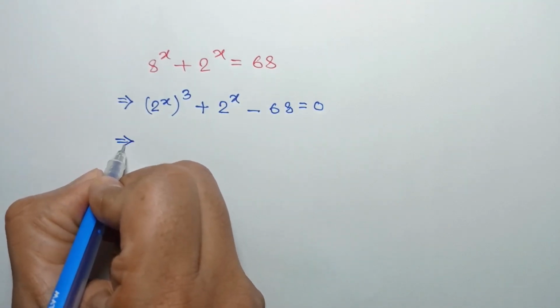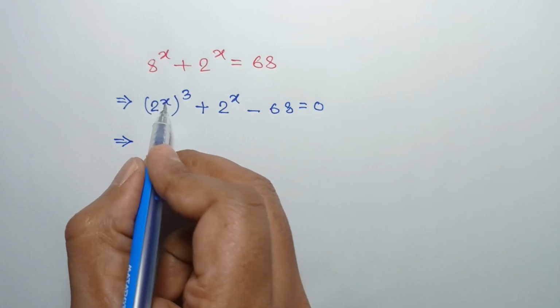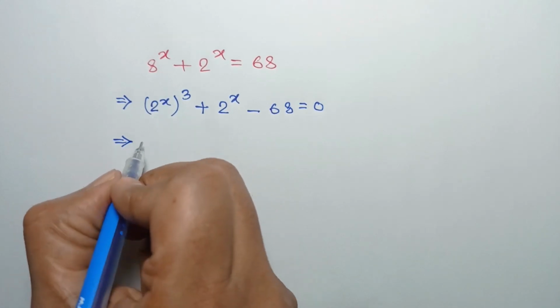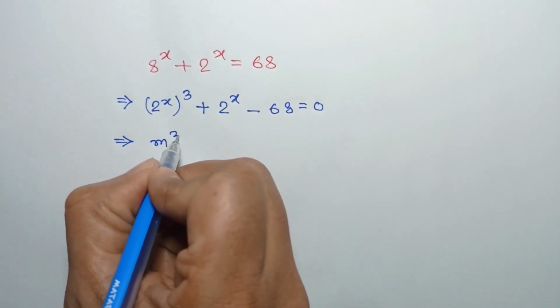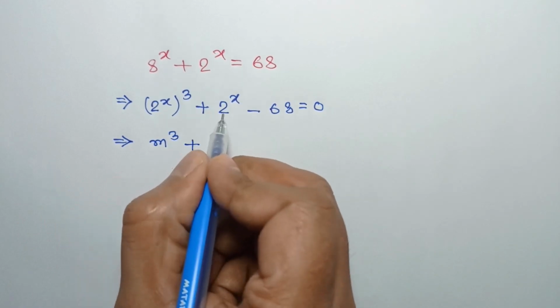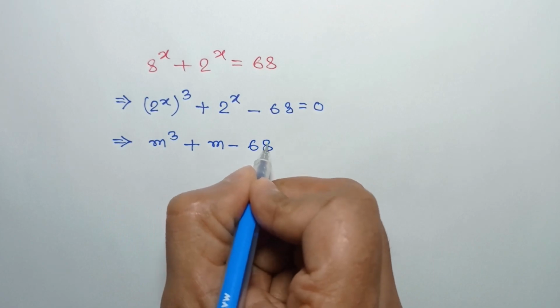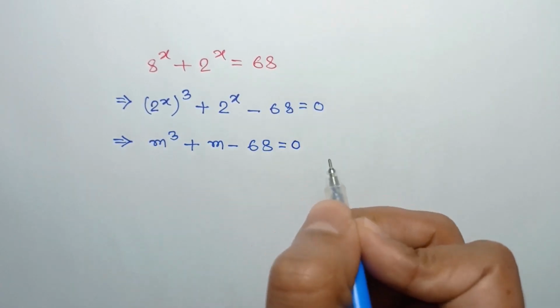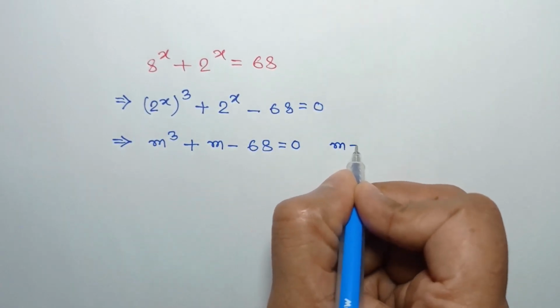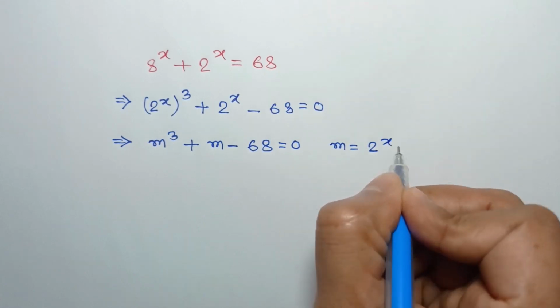Or if we consider 2 to the power x as m, we can write m cube plus 2 to the power x is m, minus 68 is equal to 0. Here m is equal to 2 to the power x.